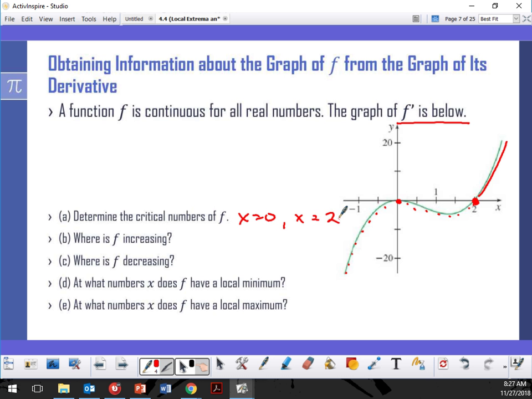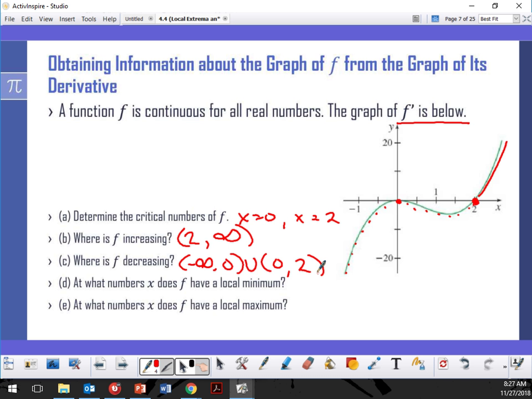Where is it increasing? From 2 to where? Where is it decreasing? Negative infinity to 0, and 0 to 2.